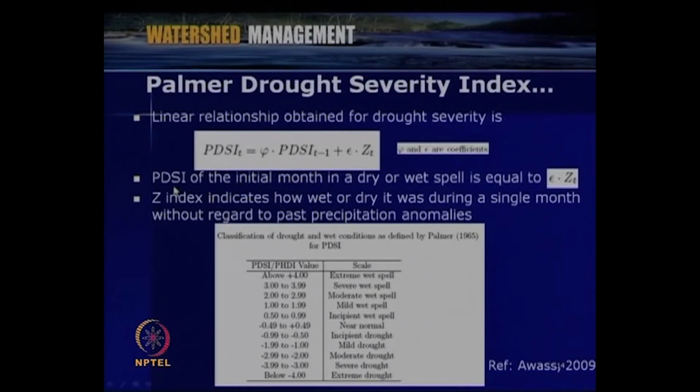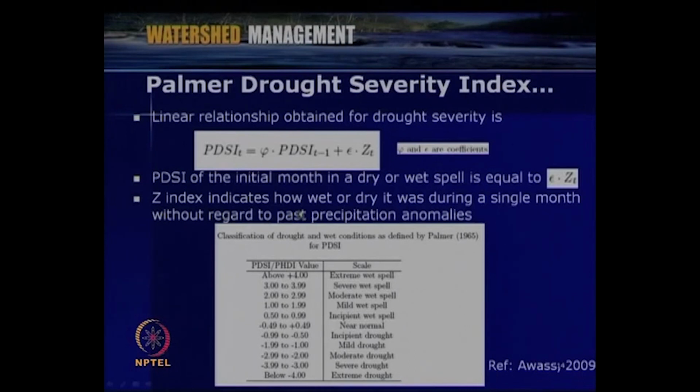So, the Palmer drought severity index of the initial month in a dry or wet spell is equal to epsilon into Z_t. So, Z_t is this part. Z_t means the Z index for that particular time period.